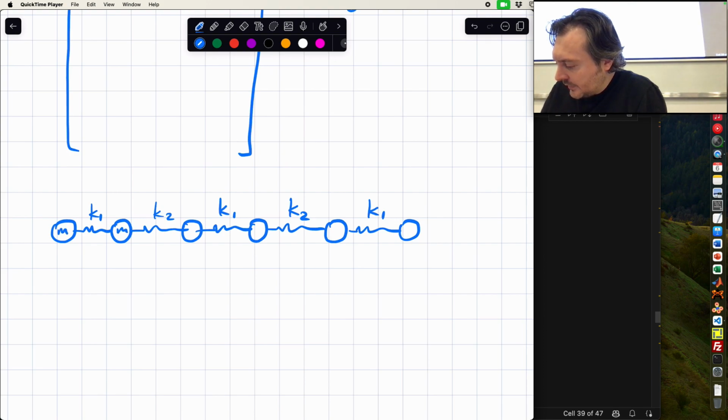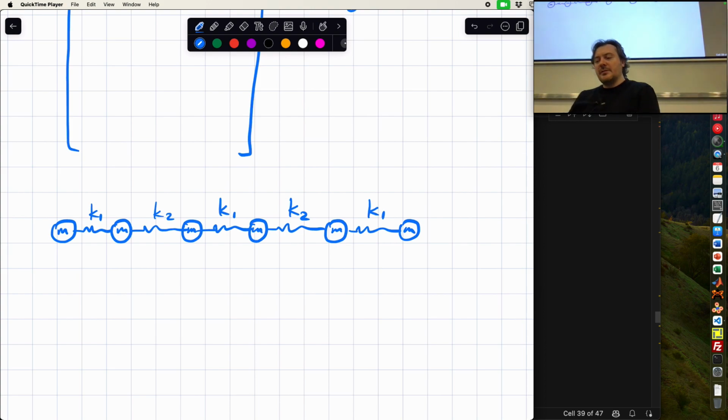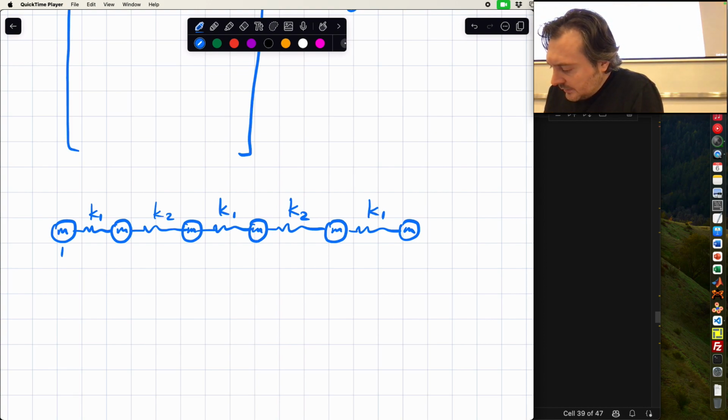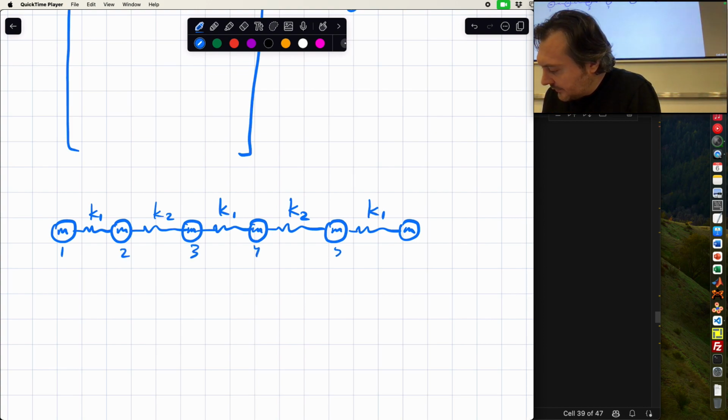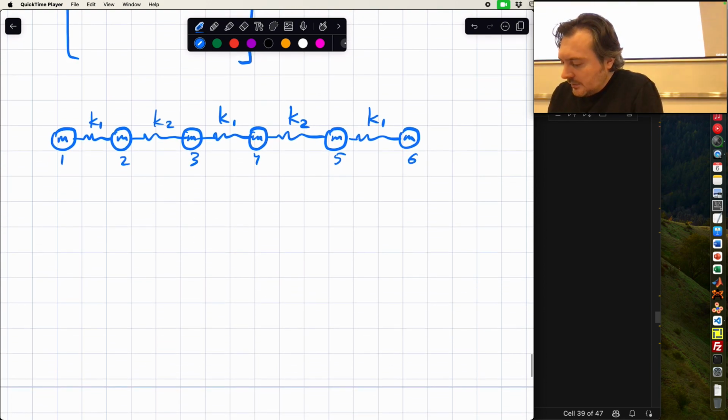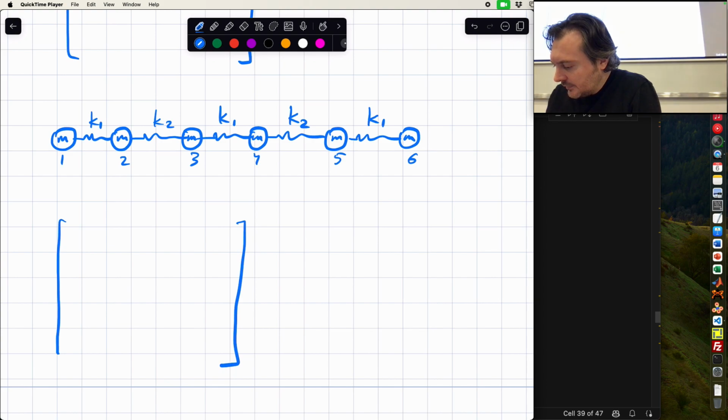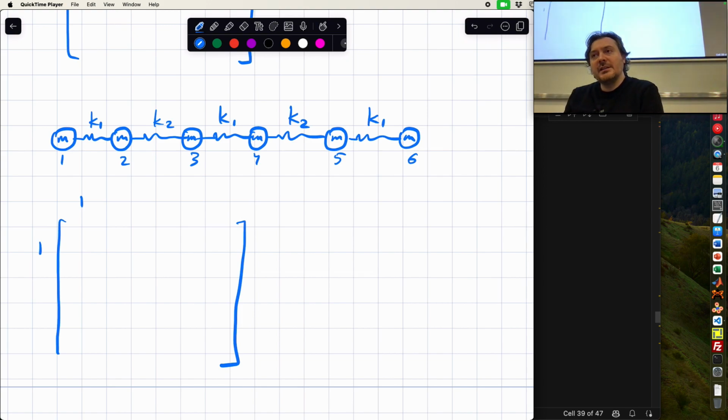And let's presume that everything is M. How would the dynamical matrix look like for this system? So there are 1, 2, 3, 4, 5, 6 atoms. First of all, what is the dimension of the dynamical matrix? 6 by 6, right?